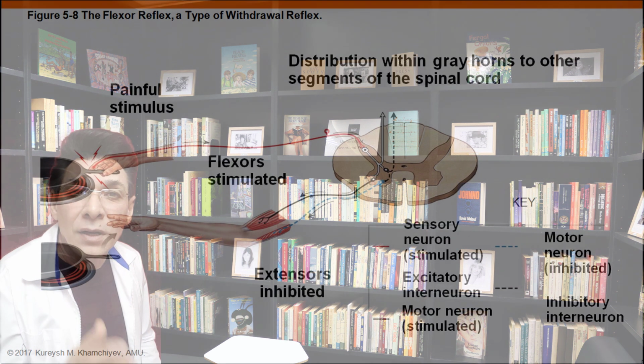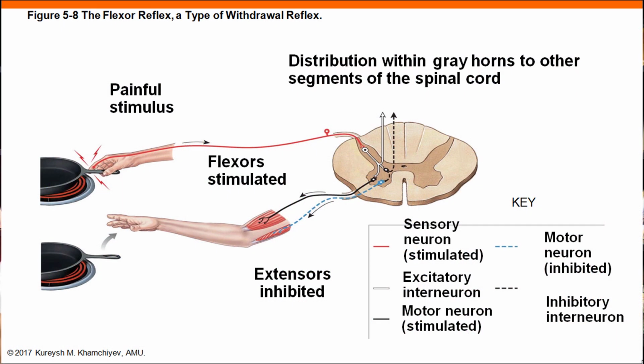Complex reflexes, polysynaptic reflexes, have at least one interneuron, one or two or thousands of interneurons, and are slower than monosynaptic reflexes but can activate more than one effector.